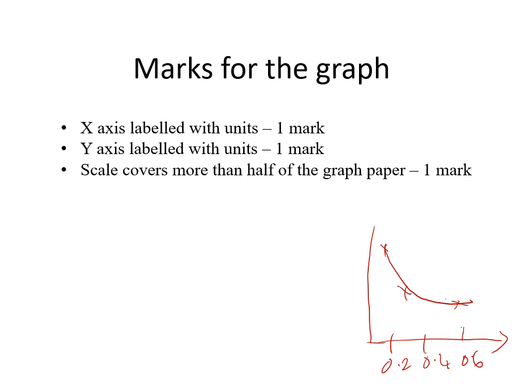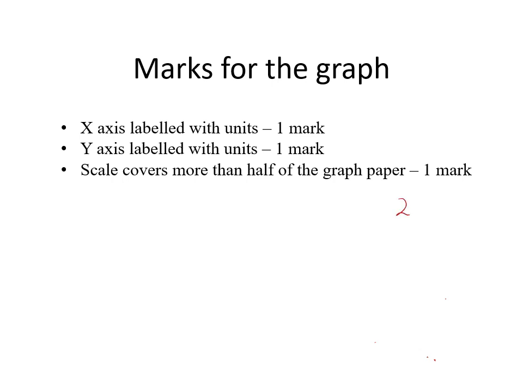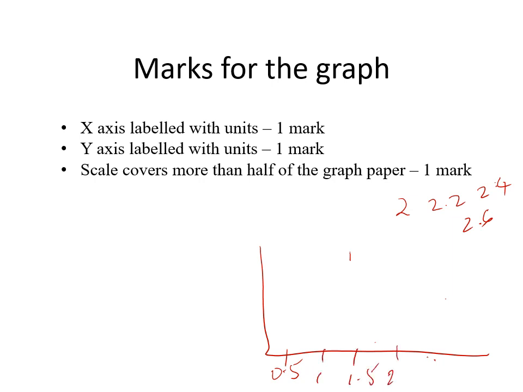Sometimes students have values starting from 2, then 2.2, 2.4, 2.6. I'm just picking 4 random values. And when they plot the graph, what they generally do is go for 0.5, 1, 1.5, 2, 2.5, and 3.